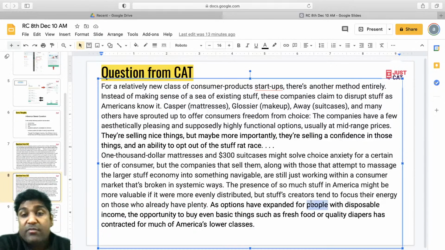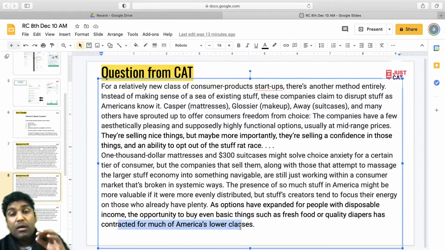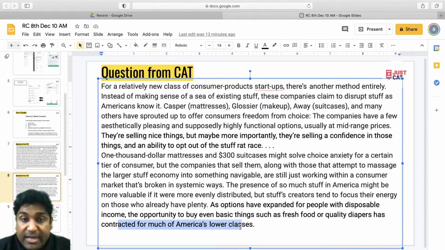As options have expanded for the people with disposable income, the opportunity to buy even basic things such as fresh food or quality diapers has contracted for much of America's lower classes. So what they're saying is that for the people who don't have income, basic things like fresh food or quality diapers have come down.